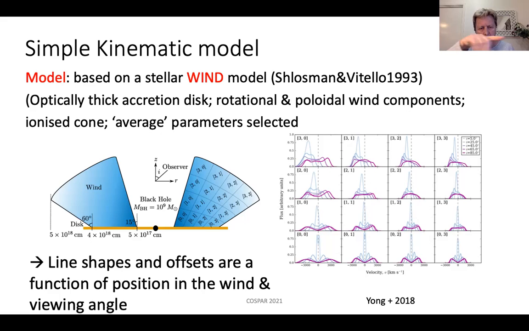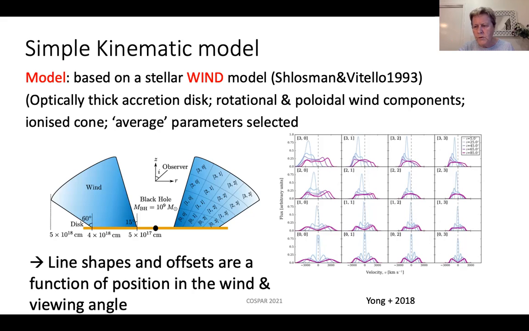So the rotational component was due to the rotation of the accretion disk, transferred to whatever appropriate radius. And then there was some outward flowing component, usually the physics of which wasn't defined, but usually modeled in as a fairly simple power law.